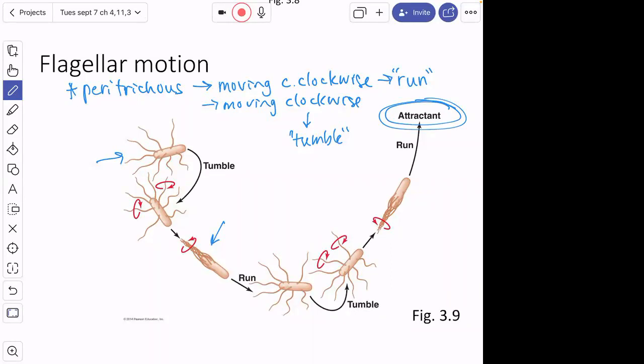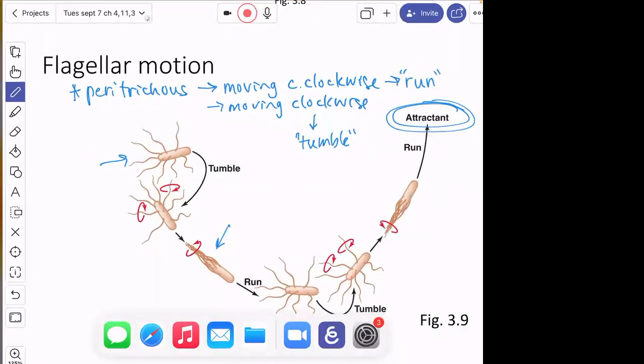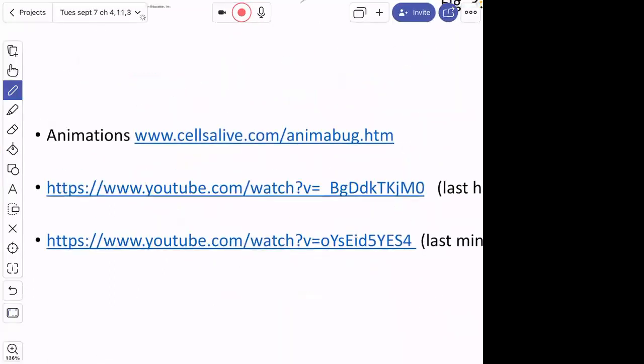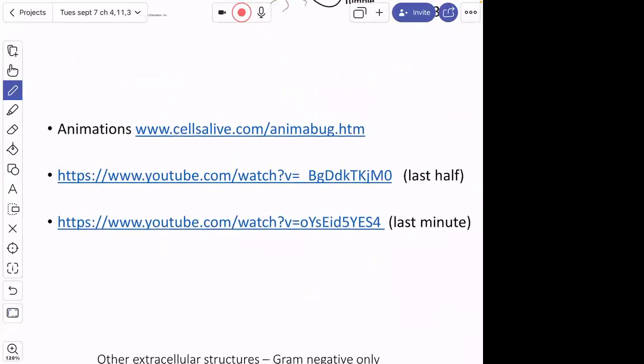Okay, and there is one animation along with your homework that's pretty decent in your book that shows this. I have found other ones on YouTube that I think are good. Again, I wish I could just show them to you now, but when you get a minute at some point, the first one is just a cartoon animation that shows some runs and tumbles nicely with some jazzy music.